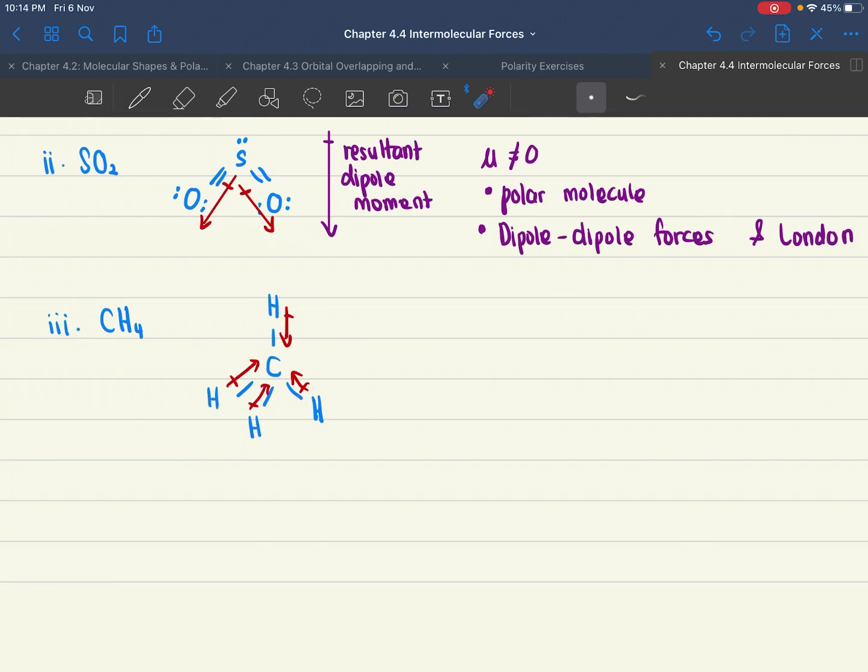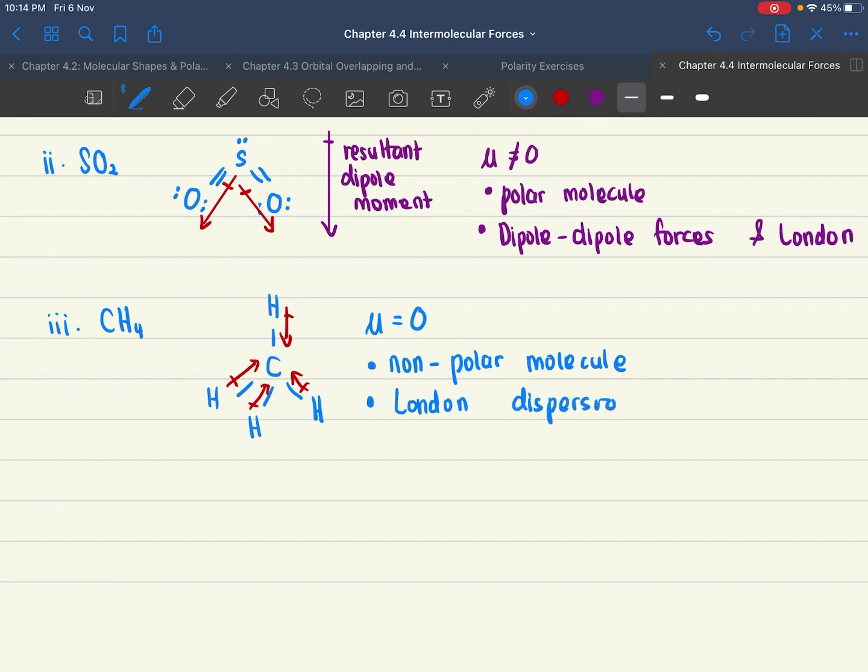That means the bond dipoles can be cancelled out, so mu equals 0. So CH4 is a non-polar molecule. Since dia non-polar molecule, the only possible attraction between CH4 and CH4 adalah London dispersion forces. Okay, so done.